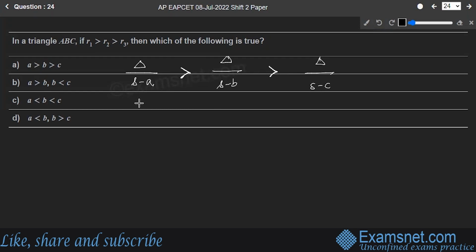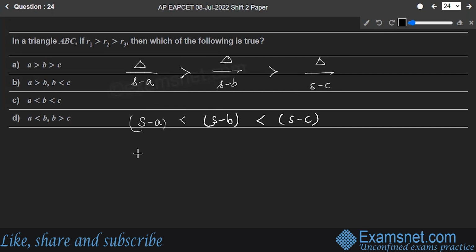So that means if I'm reversing them, taking their reciprocals, first of all, the deltas will cancel and you will have S minus A is less than S minus B, S minus B is less than S minus C, right?